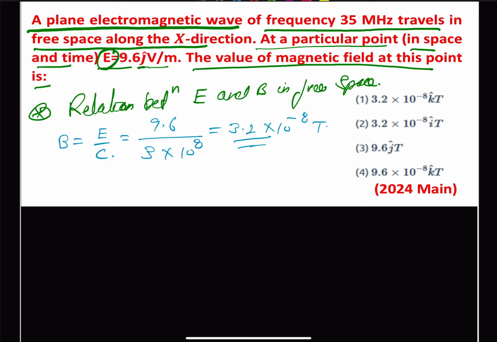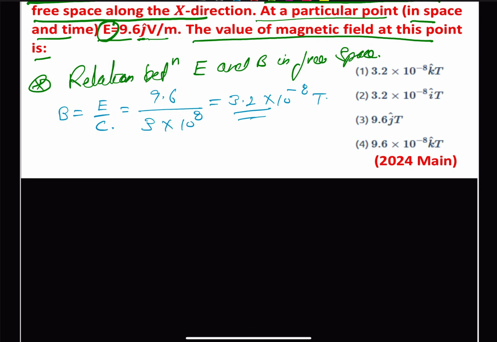And now we have to find out the direction. For direction, we are given that our electric field is in j unit vector, and we know that our magnetic field will be perpendicular to both the electric field as well as the direction of propagation, and the direction of propagation is given to us as x direction.